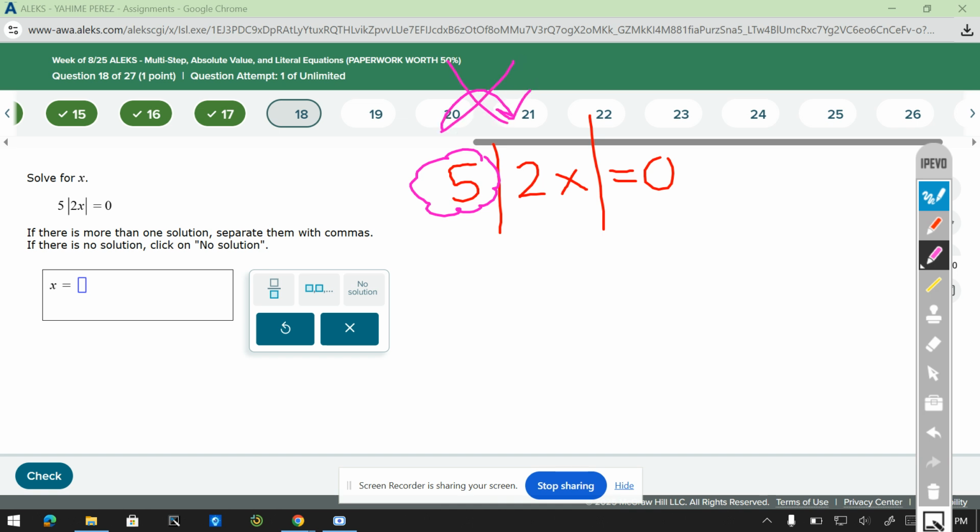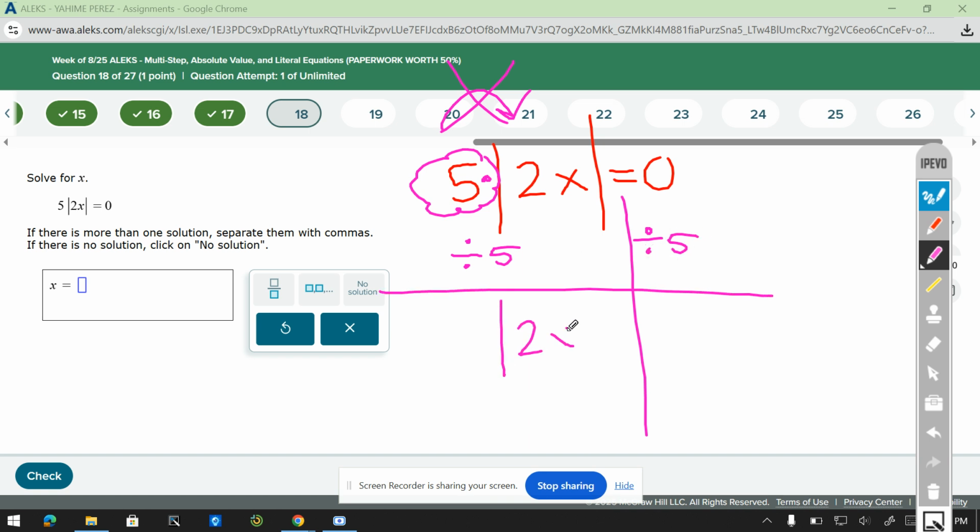So how might I get rid of this 5 that is mushed against the absolute value? Well, 5 is multiplying with the absolute value, so to get rid of it, I can just divide by 5. Whatever I do to one side, I do to the other side, and I'm left with 0 divided by 5, which is okay. So this is equal to 0.